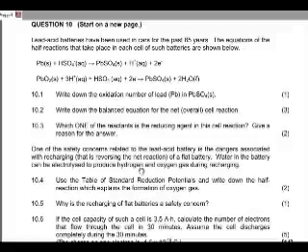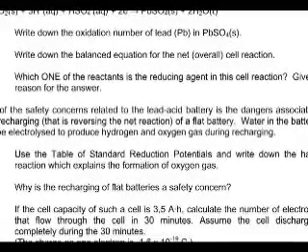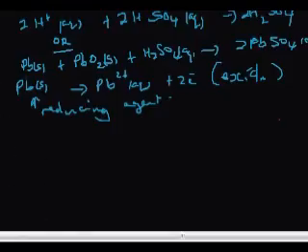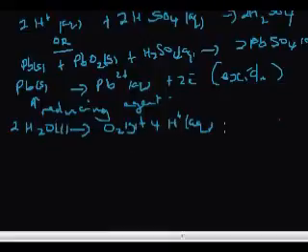So if we go to question 10.4, we see from our standard reduction potentials that we have this particular reaction: 2 moles of water giving the formation of oxygen gas plus 4H plus in aqueous form, where this one is a gas and this one is in liquid form, and we add 4 electrons.